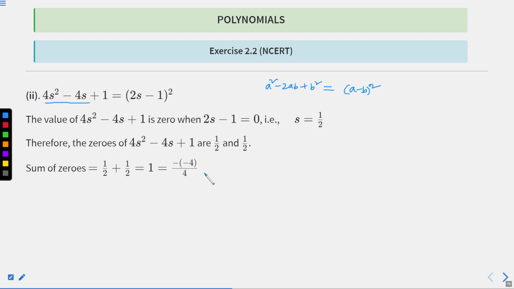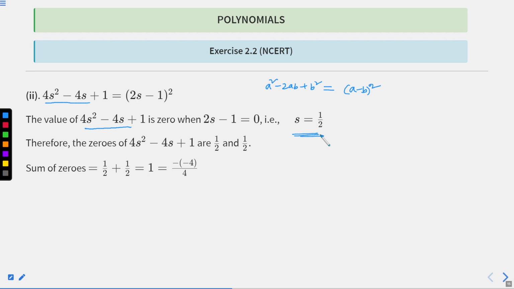So 4s squared minus 4s plus 1 is equal to 2s minus 1 whole squared. Its value is 0 when 2s minus 1 is equal to 0, that is s is equal to 1 by 2. So the zeros of 4s squared minus 4s plus 1 are 1 by 2 and 1 by 2.